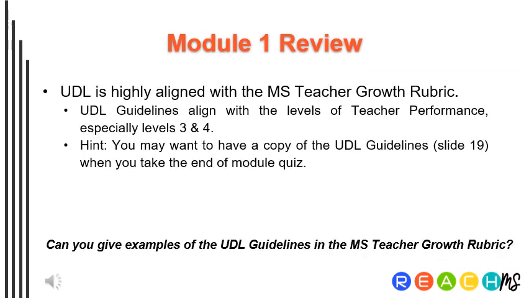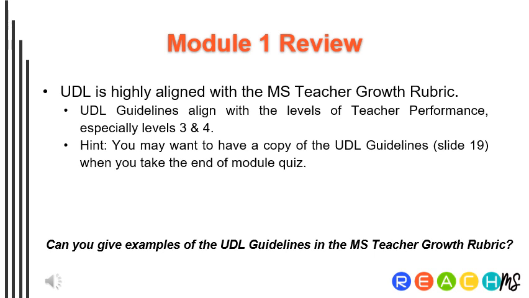We also want you to really think about how UDL is highly aligned with the teacher growth rubric. Remember, that's your teacher evaluation system in Mississippi. The guidelines are especially aligned with level 4 teacher performance, but you can also see them in level 3 as well.